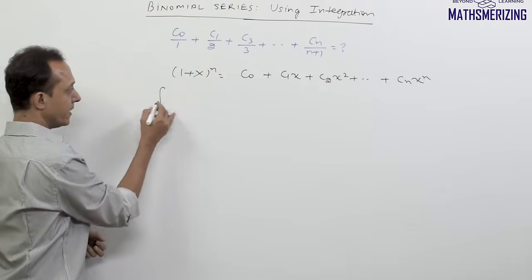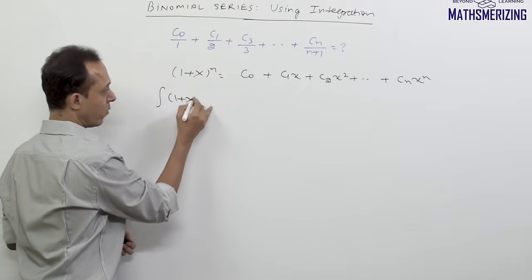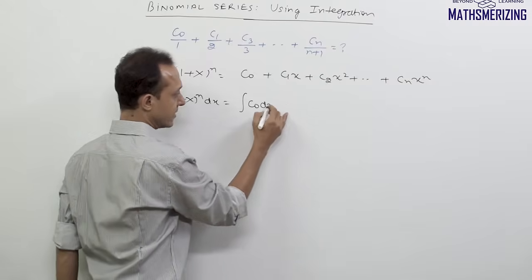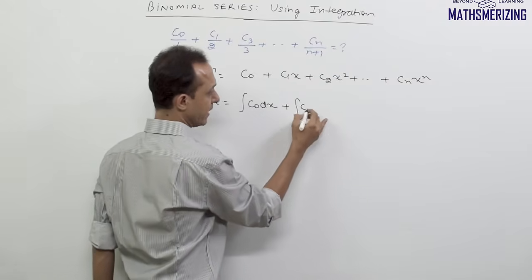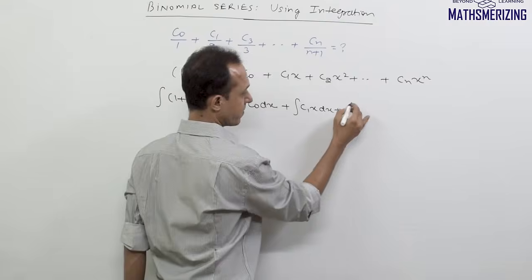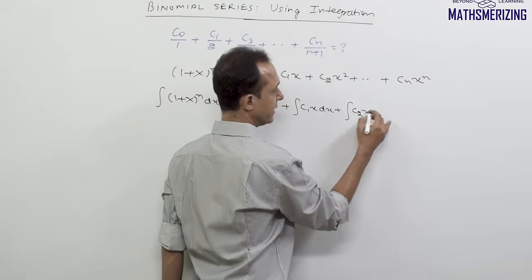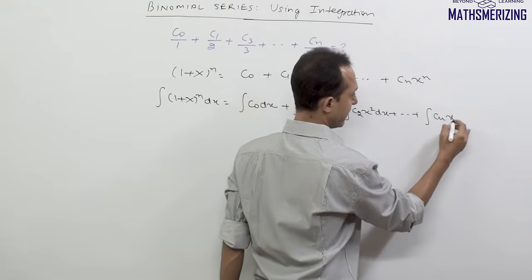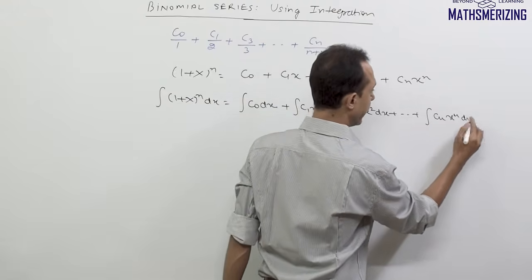I'll write integral of 1 plus x to the power n into dx. It will be integral of C0 dx, integral of C1x dx, integral of C2x square dx, and then integral of Cnx to the power n into dx.